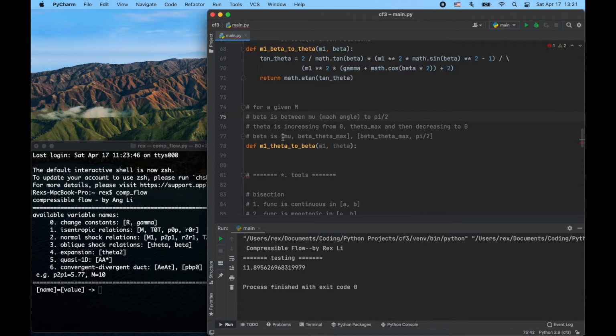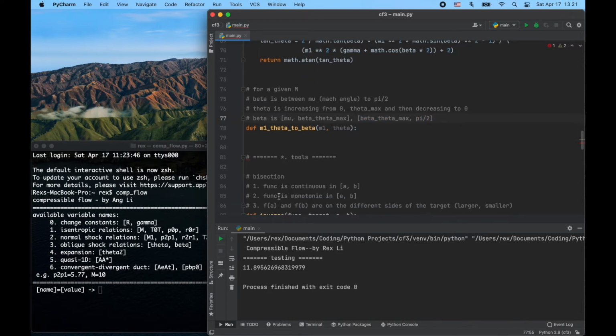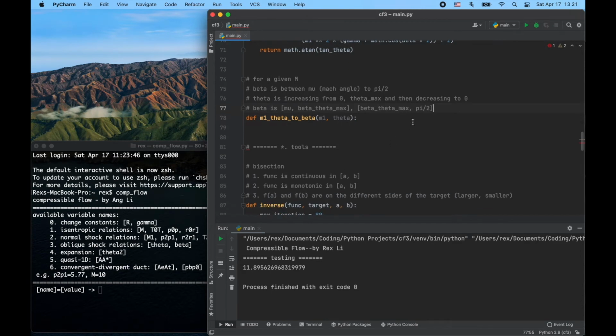Then, in this region, theta is a monotonic function of beta. And in the other region, theta is also a monotonic function, right? So then we can implement the inverse function here.